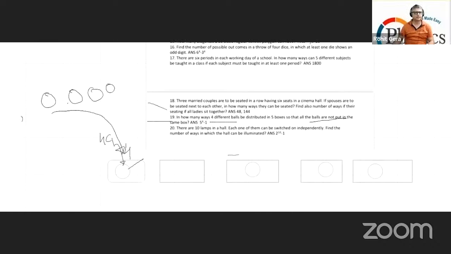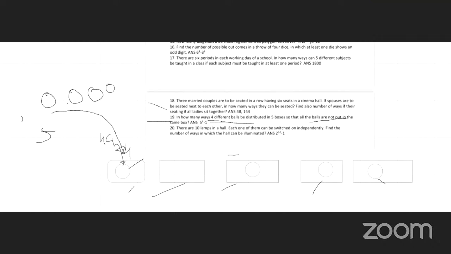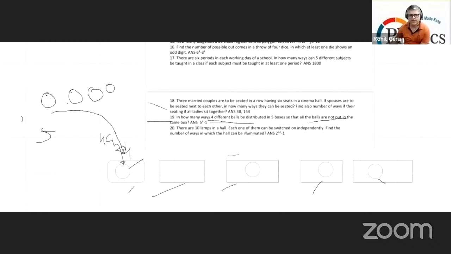But our job is to distribute four different balls, which means we have to fill up five positions using four. Five positions are available vacant, and four things have to fill it up. है ना? तो ये, why are you looking at answer 5 raised to power 4?